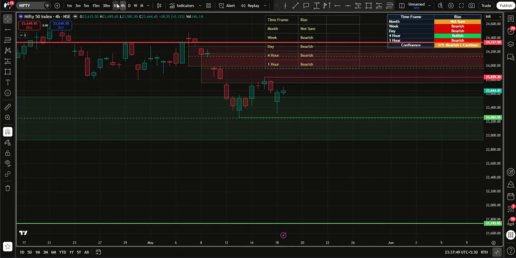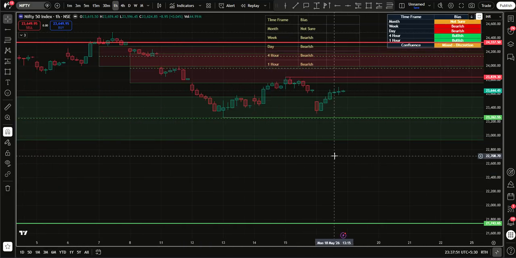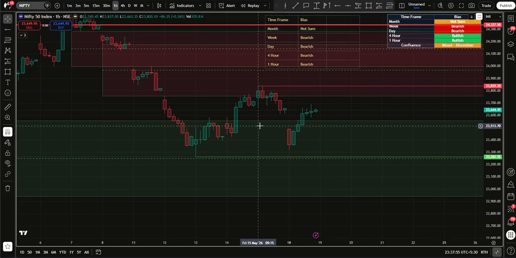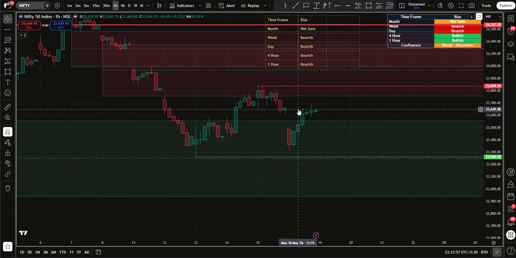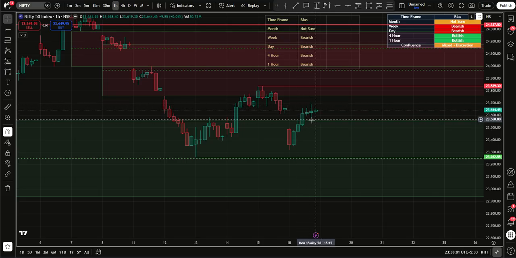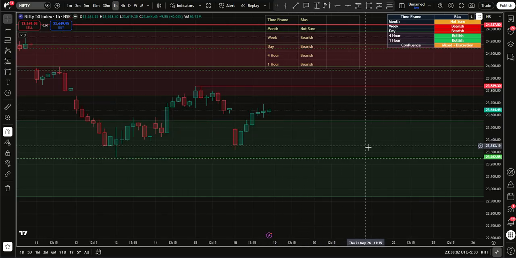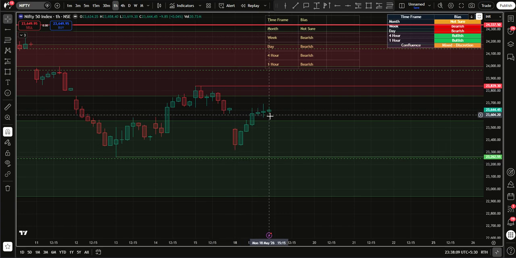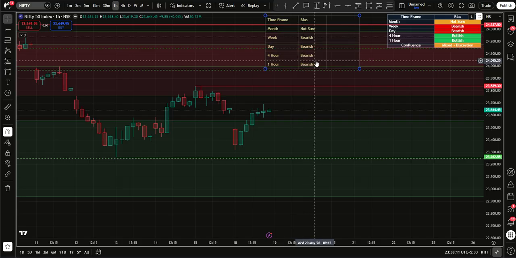And let's go to the hourly time frame. On an hourly time frame, Nifty is not bullish, not bearish, because you see this is a swing high and this is a higher high. So it's not a lower high, so that is not bearish. Now, what about bullish? This is a swing low and this is a higher low. That makes it bullish.